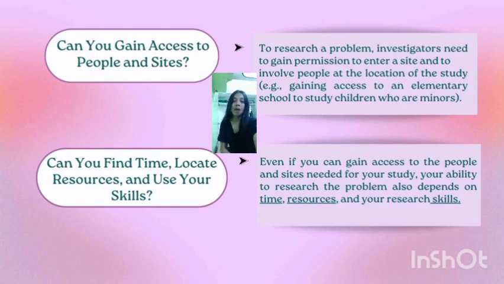In addition, projects conducted by educational agencies receiving federal funds need to have institutional review approval to ensure the rights of their participants. Your ability to gain access to people and sites can help you determine if you can research the issue.